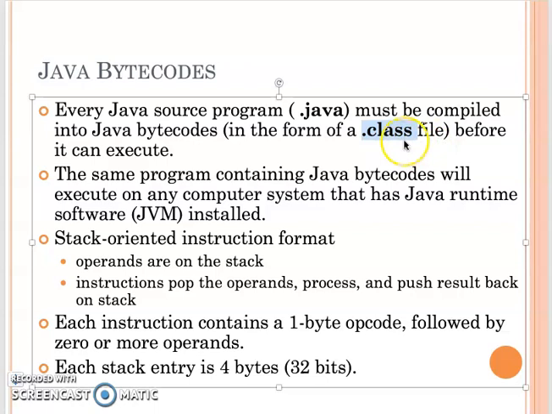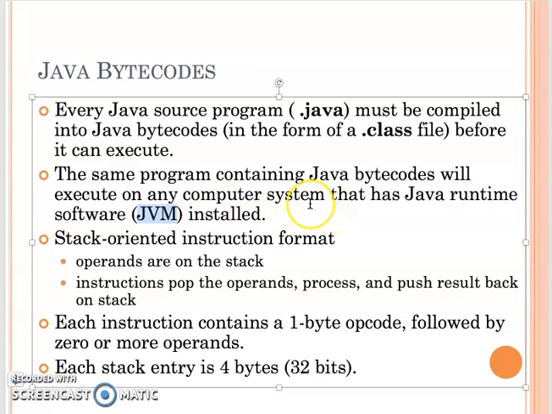The reason is this class file only has the instructions and machine language in it. The important thing is how to translate that machine code on different operating systems: you need to install the specific JVM in each operating system.